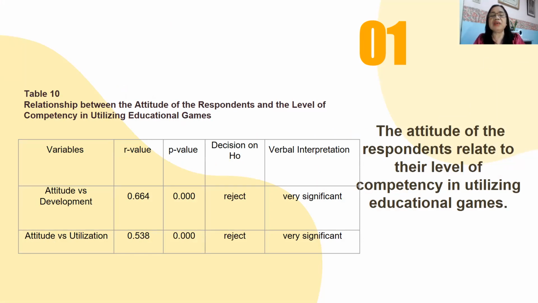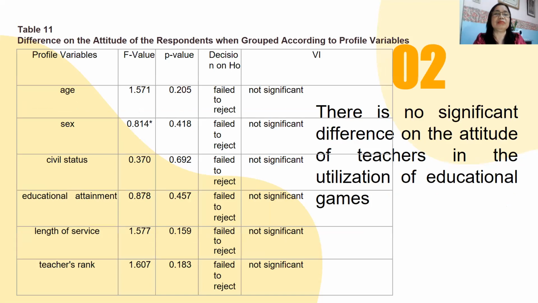And if you would be considering the verbal interpretation, it could be noticed that both are interpreted as very significant. So the attitude of the respondents relate to their level of competency in utilizing educational games.